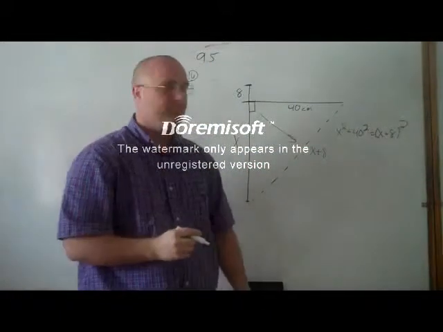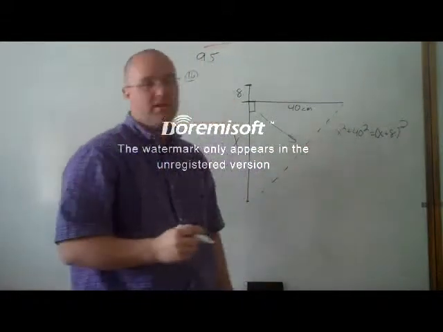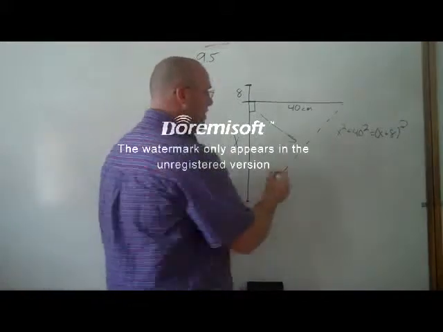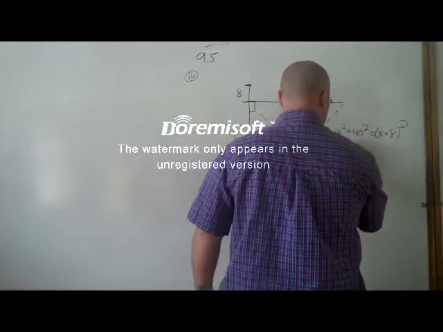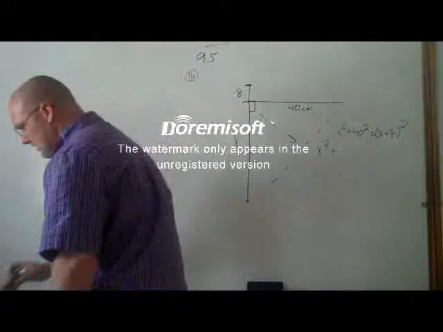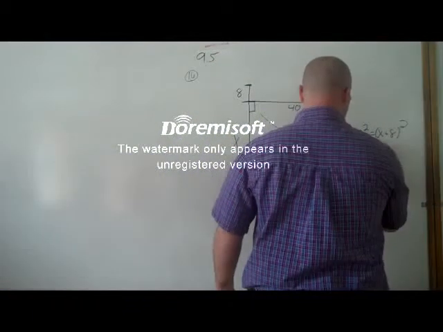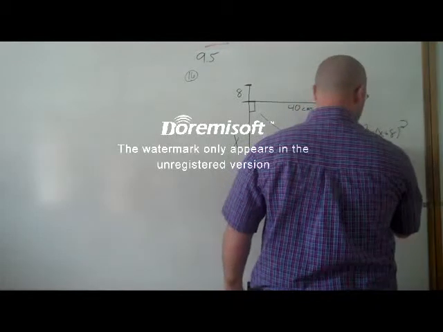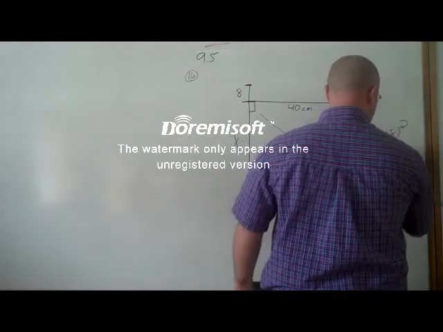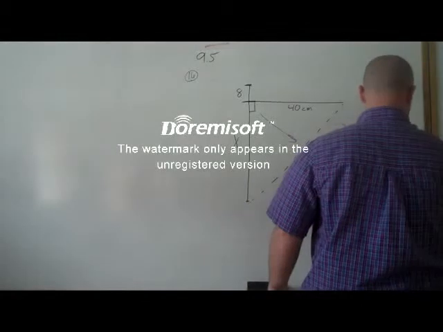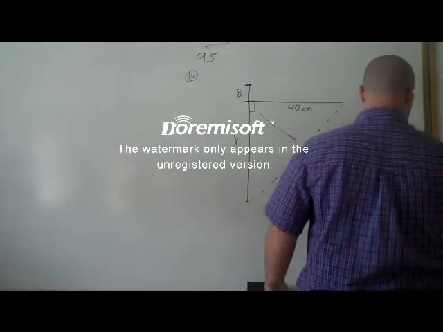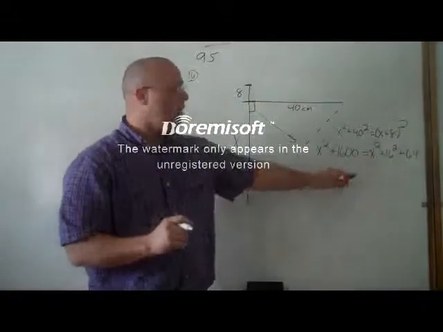All right? I'm going to get rid of this piece, so I'll probably need the room. So now we have x squared plus 1600 equals x squared plus 16x plus 64. This is what all this equals.